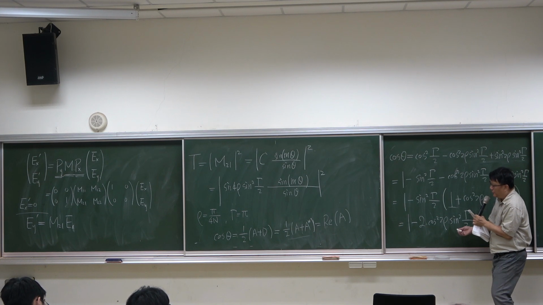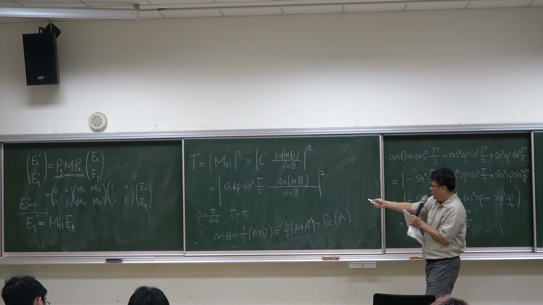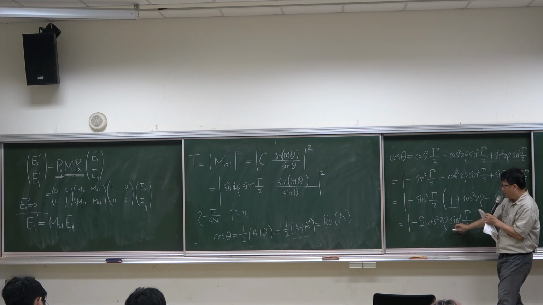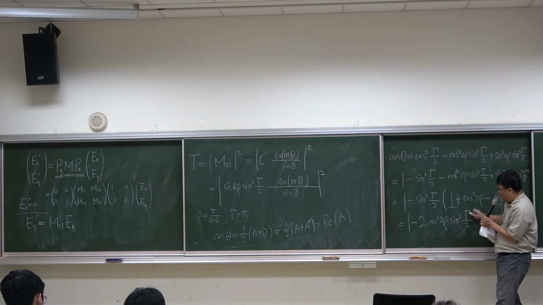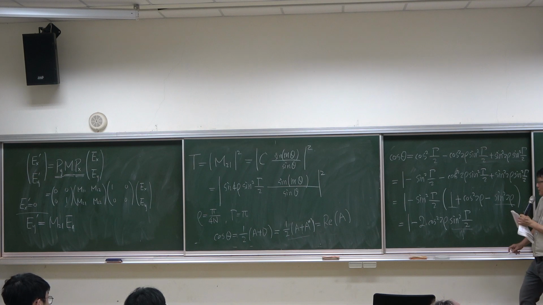So if we take gamma equal to pi, sine of half gamma gives us 1. This gives us 1.